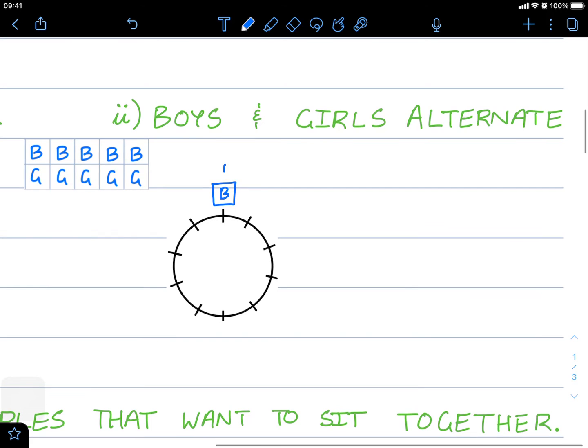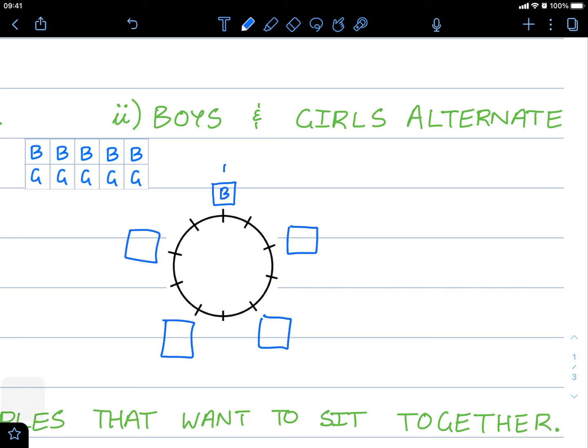Now let's consider the condition being put on us. For the boys to alternate, they have to sit here, here, here, or here. How many different ways are left for a boy to sit here?